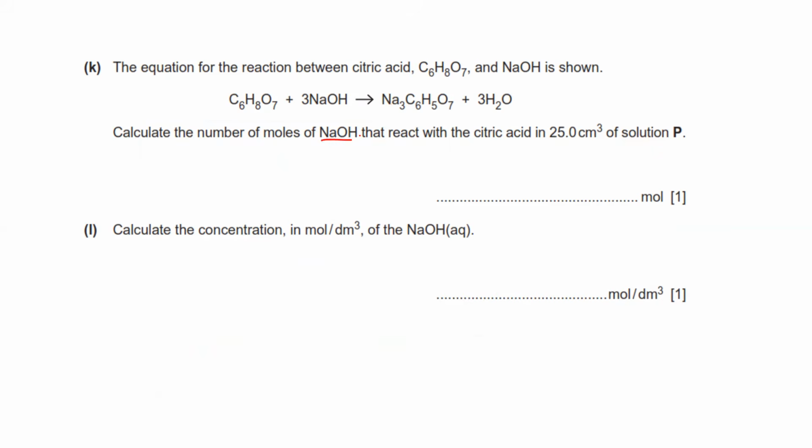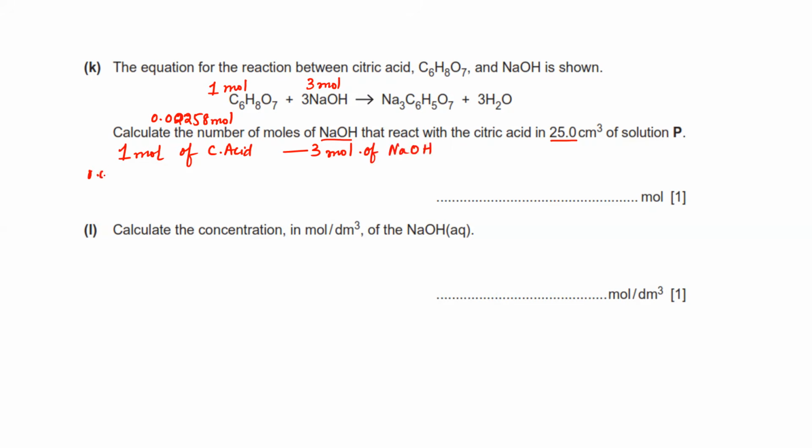Calculate the number of moles of sodium hydroxide that will react with citric acid in 25 centimeter cube of solution P. So 1 mole of citric acid reacts with 3 moles of NaOH.